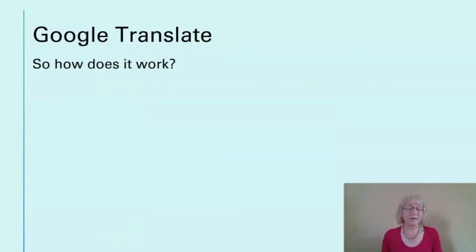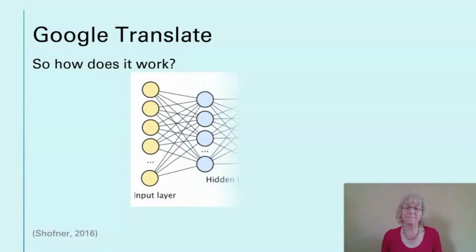So, how does it work? As the name suggests, it's designed to function in a similar way to the human brain, making connections and learning new information. This process does not generate sentences directly into the target language as the previous systems did.